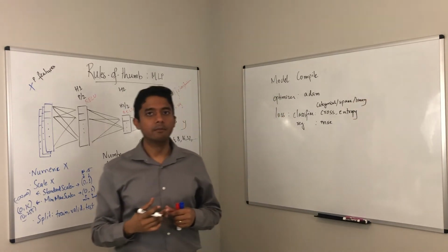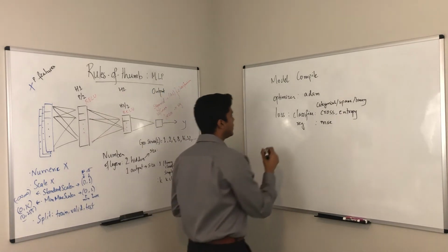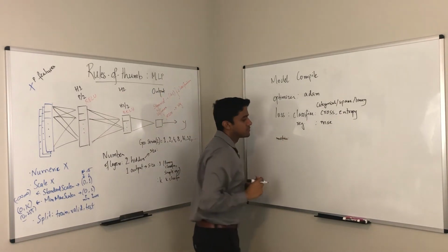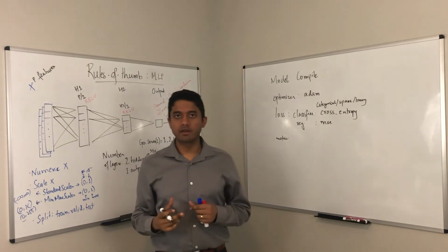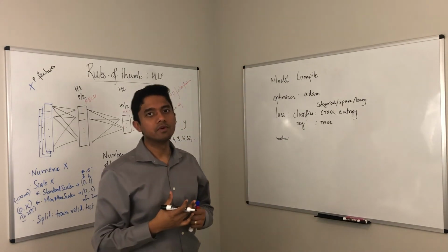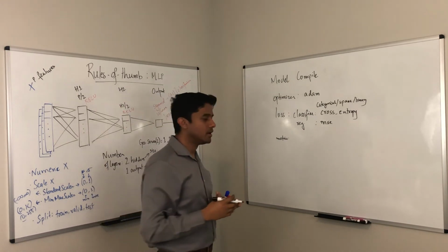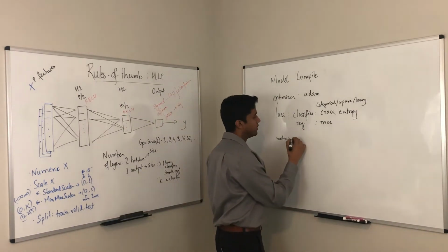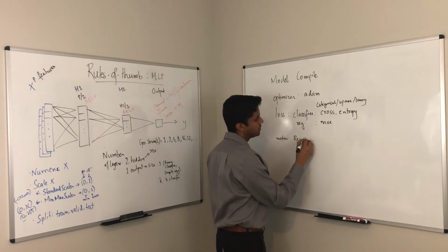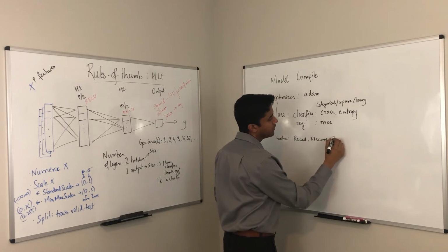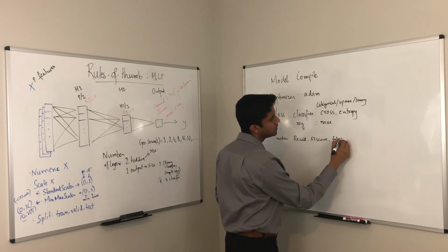Then we have metrics. Depending on the problem, metrics differ. Here we were dealing with a rare event prediction for which we defined special metrics. They were recall, F1 score, and false positive rate.